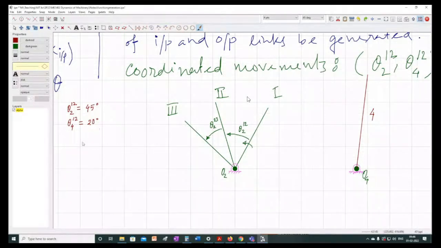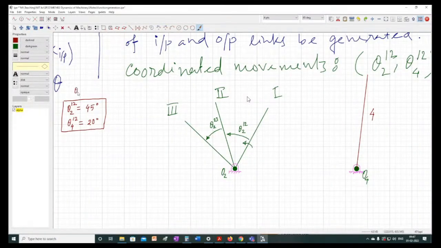Okay, so this is one pair of coordinated movement, that is theta 2 1 2, theta 4 1 2. That is one pair.